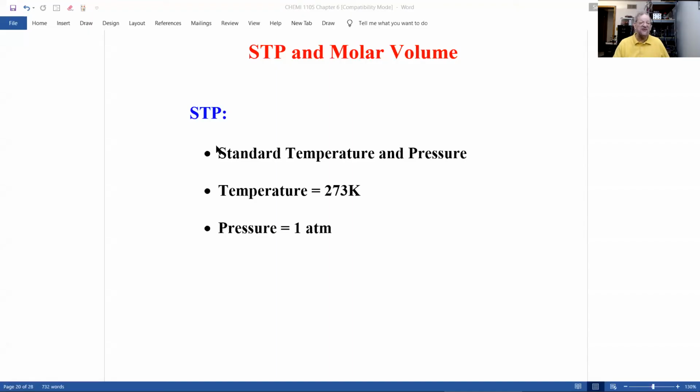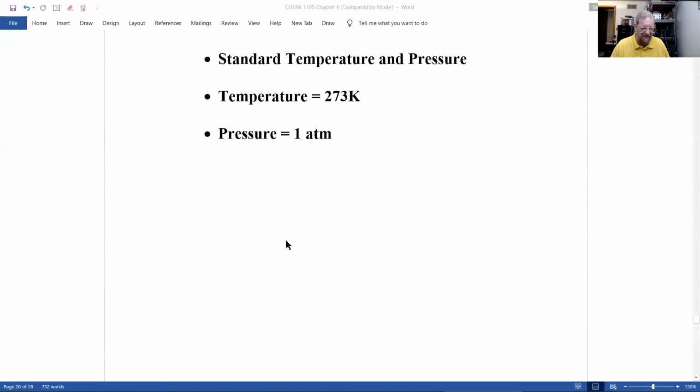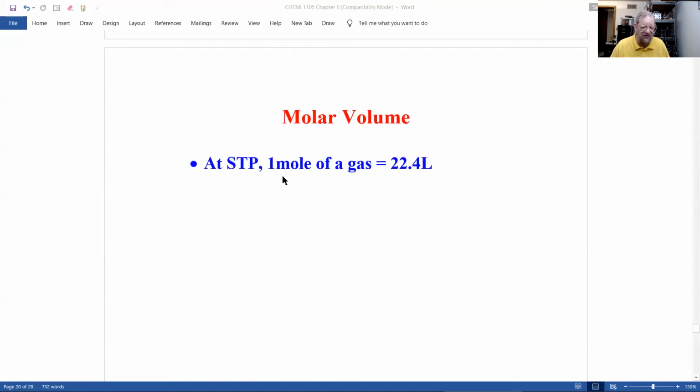Anyways, STP, standard temperature and pressure: temperature 273 K, that's 0 degrees C, and 1 atmosphere. Now at STP, 1 mole of gas equals 22.4 liters. And that's what Avogadro discovered.